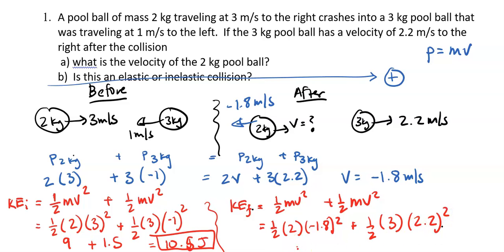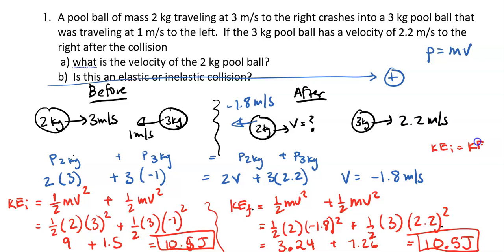I plug it into my handy dandy calculator and I get 3.24 plus 7.26, and I get 10.5 joules. Cool. So in this case, the initial KE does equal the final KE. So in this case, we know it is an elastic collision.